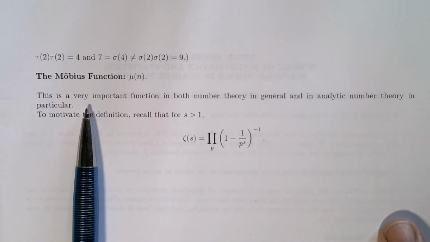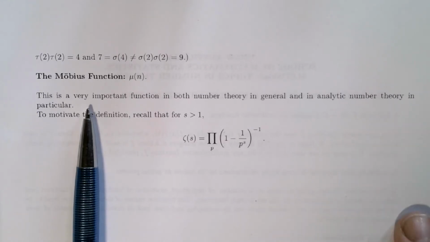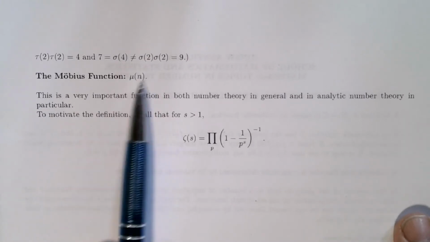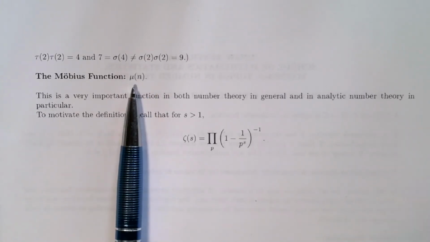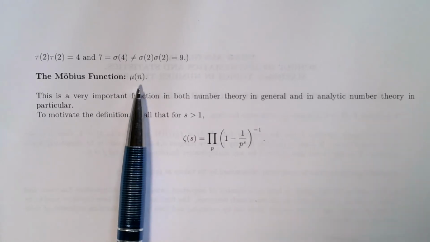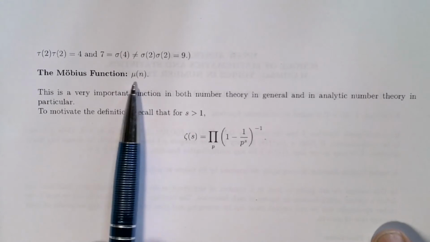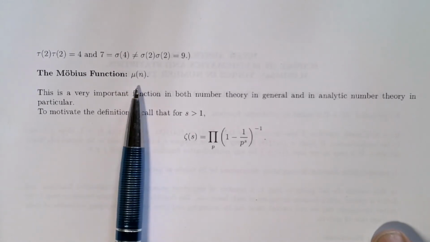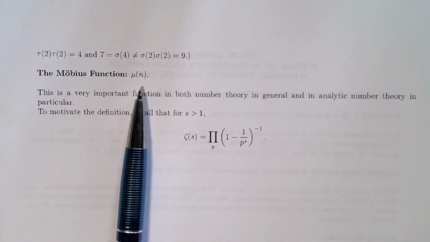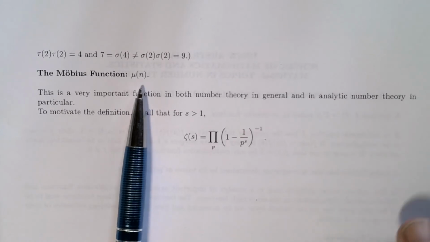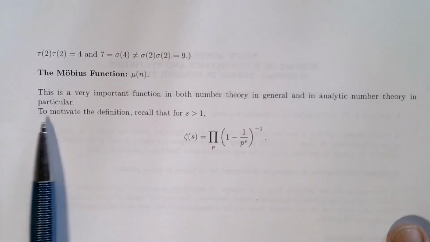Now I must confess I get rather annoyed by some number theory books, because they just define mu of n apropos of nothing and say, here it is and this is what we can do with it, but they don't give you any hint as to the motivation of it. And I find that annoying, because you can motivate this in a very, very nice way, in a very important way, from the point of view of analytic number theory, as follows.